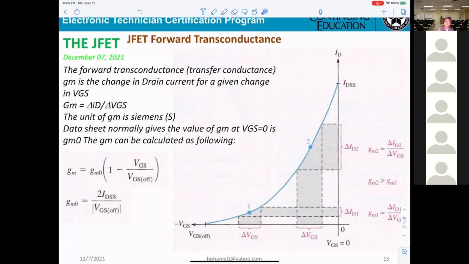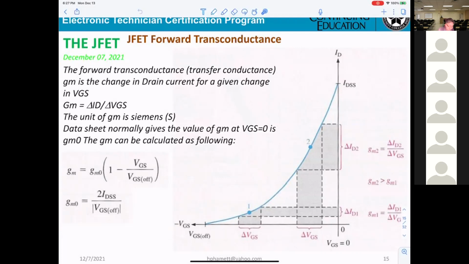When you read it, make sure you put emphasis on that and try to memorize it. They can ask you, what is GM0? The definition means GM0 is the forward transconductance at VGS equals 0, and it is normally given by the manufacturer. The GM can be calculated as follows.